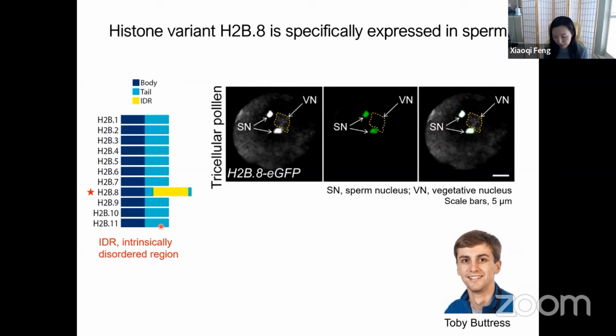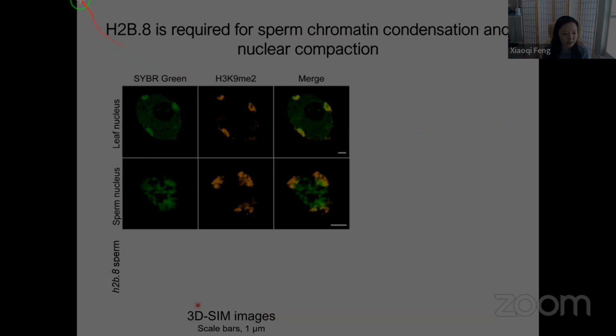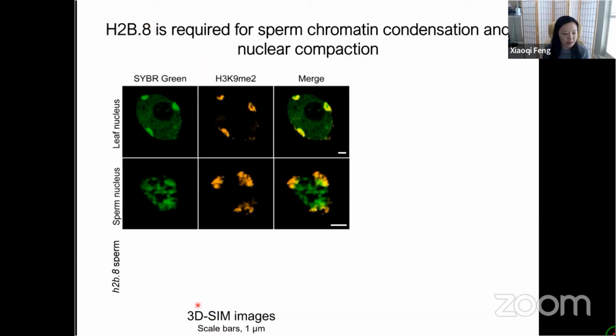To test this hypothesis, we generated CRISPR knockout mutants of H2B.8 and examined their sperm chromatin using super resolution imaging. Before showing you the mutant, I first want to show you the wild-type sperm, because there's something unusual about this chromatin. You can see all these chromatin aggregates, and these are not seen in somatic cells.